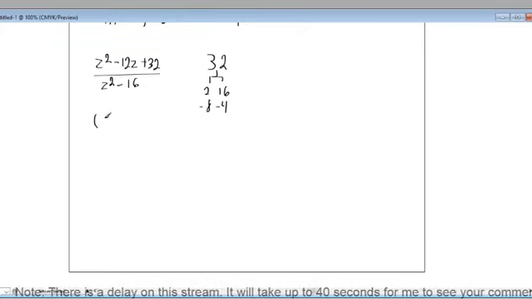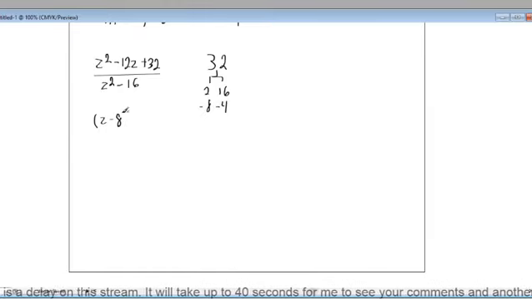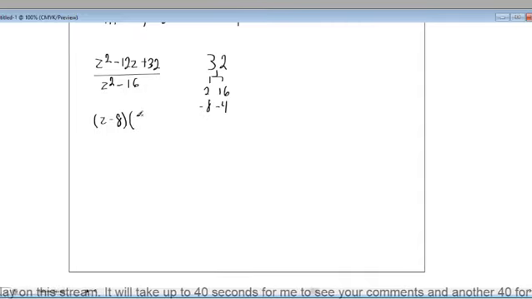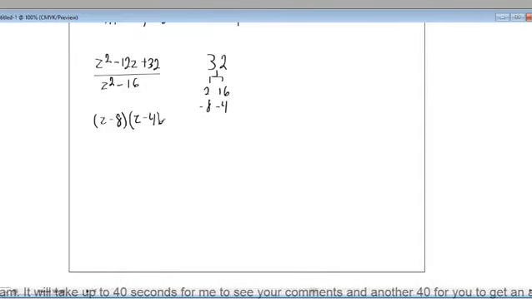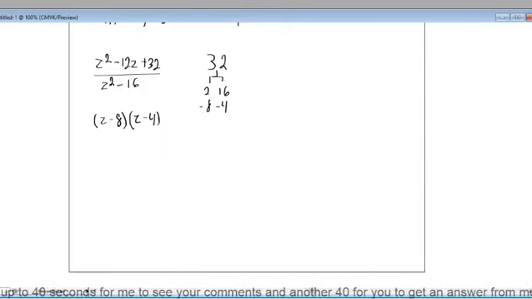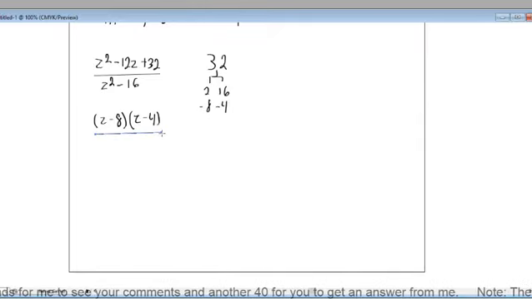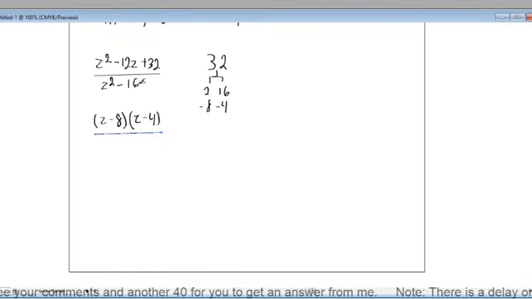So we have Z minus 8 and Z minus 4. Again, negative 8 filters in there, negative 4 filters in there. Bottom part, excuse me. We have Z squared minus 16.